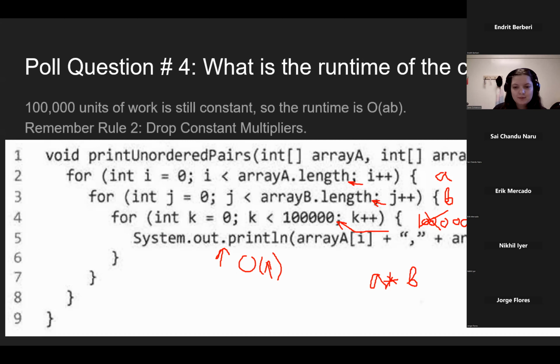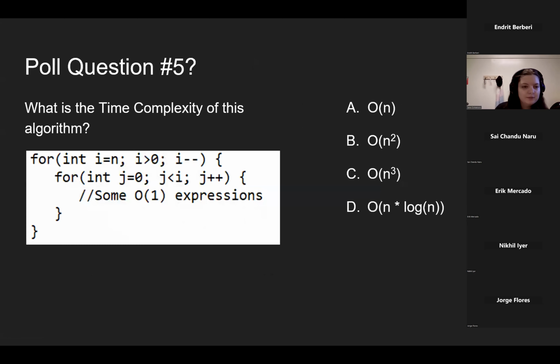Next question. So we have 2 for loops. And this one's tricky, guys. We have 2 for loops. First one runs from n to 0 and decrements i by a constant each time.